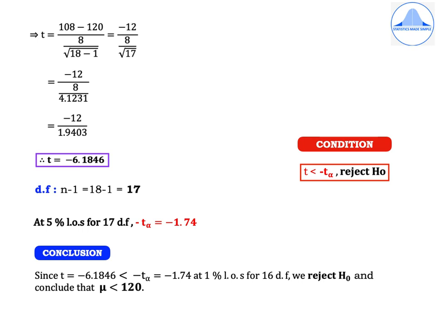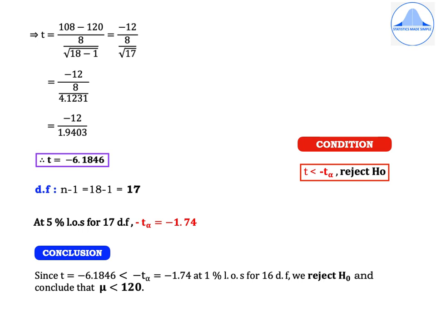So at 5% level of significance for 17 degrees of freedom, we get minus T alpha is equal to minus 1.74. So 1.74 is obtained from the statistical table under T test and then look under single tailed test. Then 1.74 is prefixed with the negative sign because we are testing for a left tailed alternative.